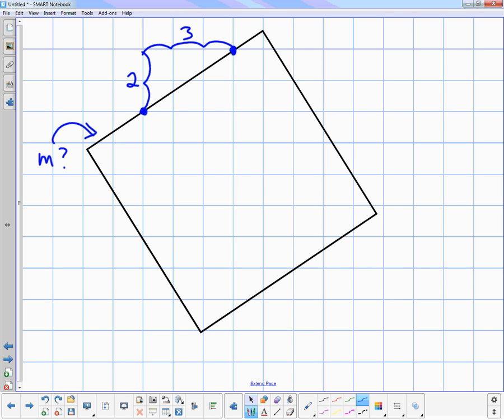Now let's look at this side over here. Now, here's a point, and there's another point. Find me my slope. Positive or negative, first of all? It's negative, right? Just by looking at it, you can see it's a negative.